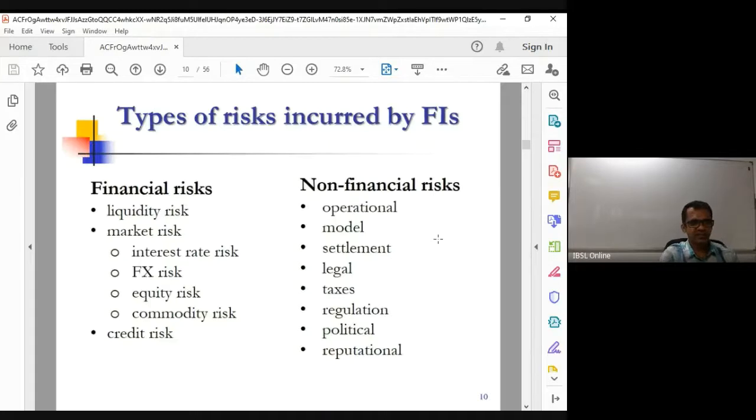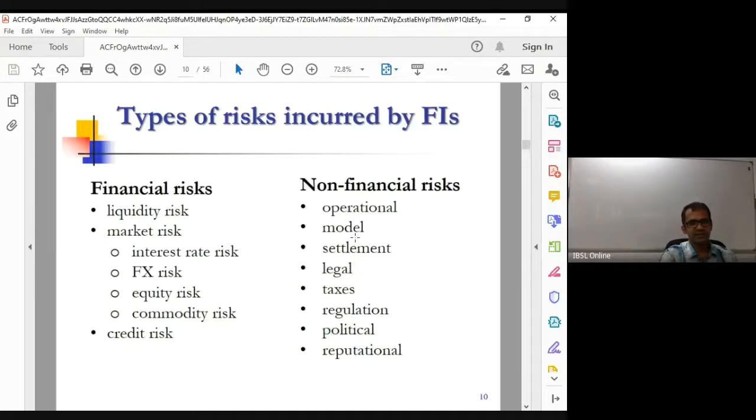Then the settlement risk. Sometimes we consider it as part of credit risk, and sometimes we consider it a separate risk. We may not be able to make our settlement due to operational issues or due to a liquidity problem.